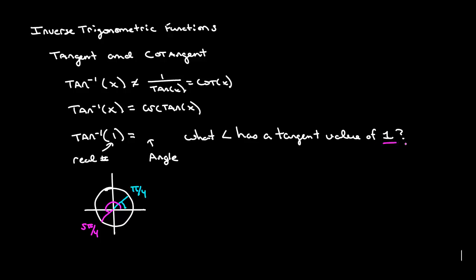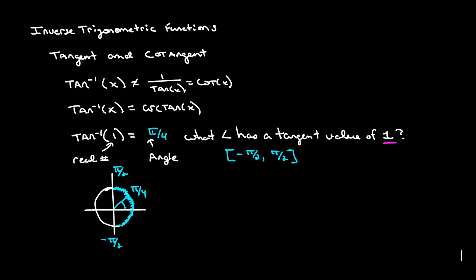So which one do we pick? Well, we need to restrict ourselves. And so we are going to restrict ourselves the same way that we did sine. We're going to restrict ourselves on this interval between negative pi over 2 and pi over 2. So the answer for this is pi over 4, because pi over 4 falls on the interval from negative pi over 2 to pi over 2.